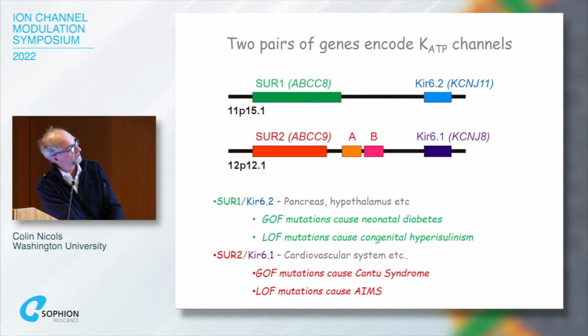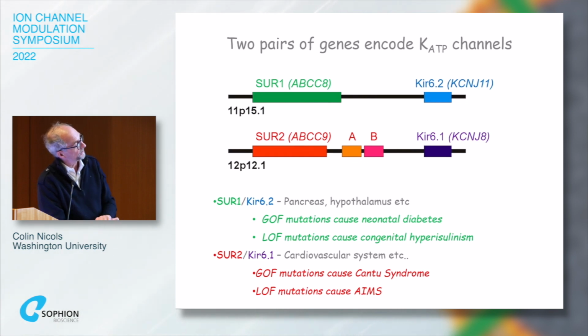And through gene duplication, there's a second set of channel proteins, we don't know which one came first, which for historically bizarre naming reasons is ABCC9 and KCNJ8, which encode SUR2 and KIR6.1. And KIR6.2 is well recognized to have 2 major splice variants, A and B, where splice variant A is expressed in cardiac and skeletal muscle predominantly, and B is expressed in smooth muscle.